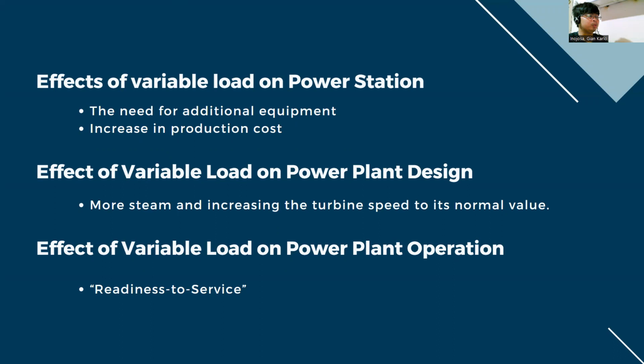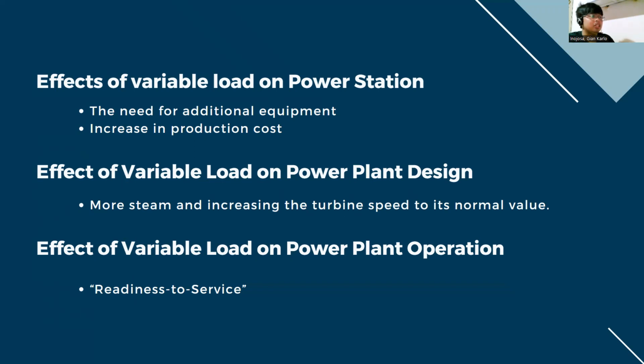In order to produce the variable power needed, our supply is required to vary correspondingly. Meaning, if the power demand on the plant increases, the increased flow of our raw material must follow. Increased flow of our coal, air, and water to the boiler in order to meet the increased demand of our consumers.